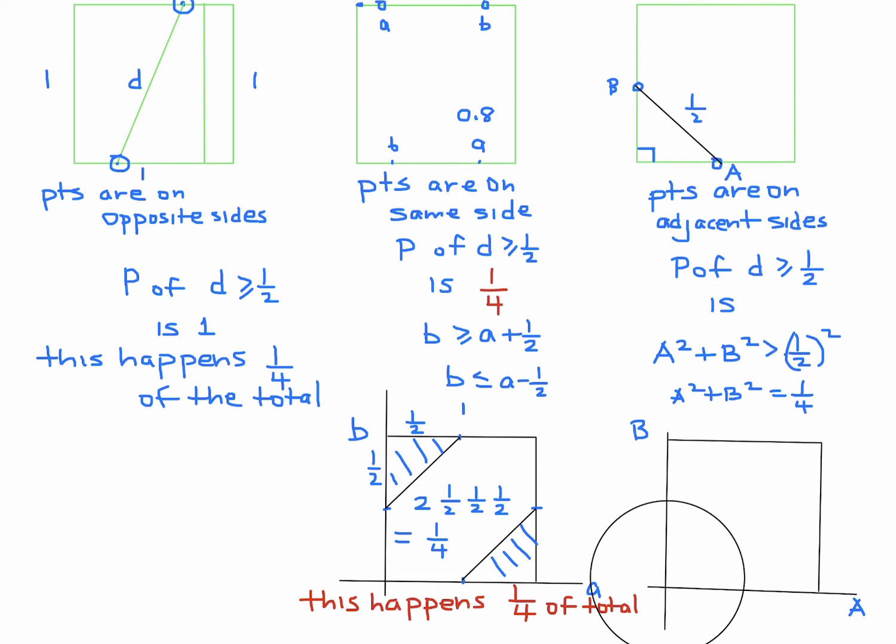So it's like this. Now on this graph, if it was equal to a half, it'd be just that line right there, that part of the circumference. But it's greater than, so it's basically this whole region right here. And that is the area we have to figure out. Well, that area will be as follows. I'll do it over here.